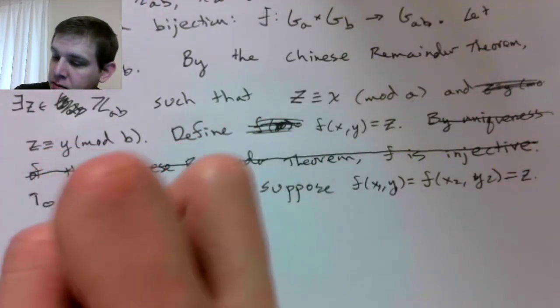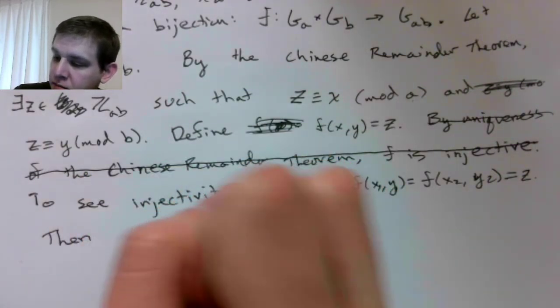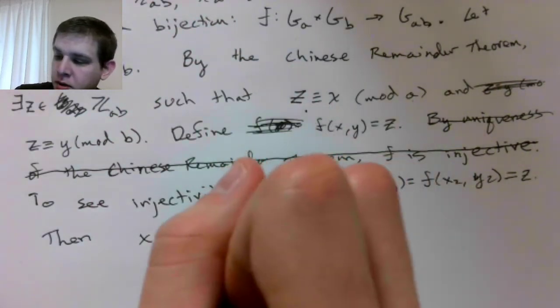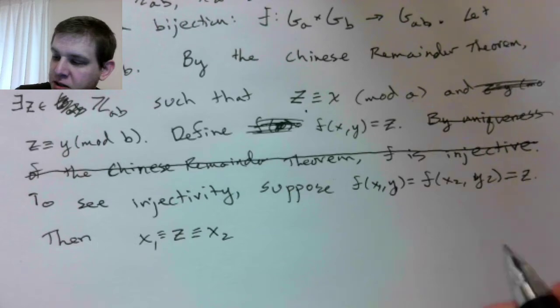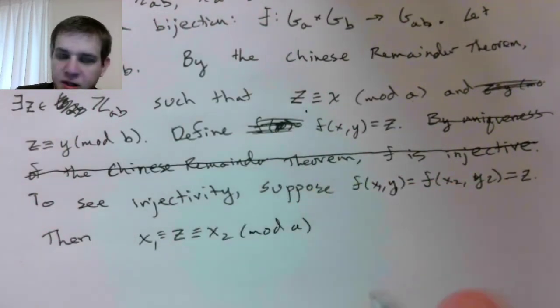So then x1 is congruent to z, right, by our construction, but z is also congruent to x2 mod A. So x1 and x2 represent the same congruence class.